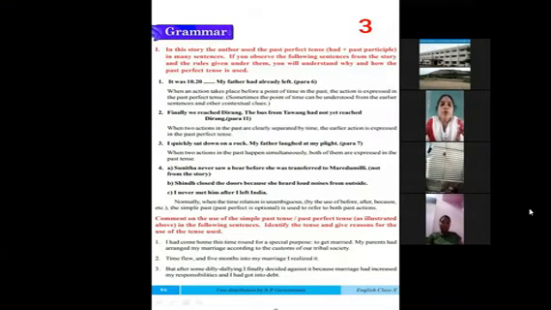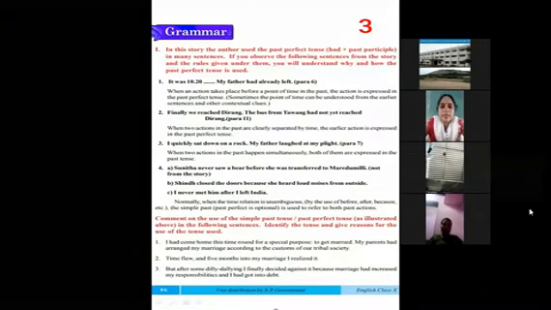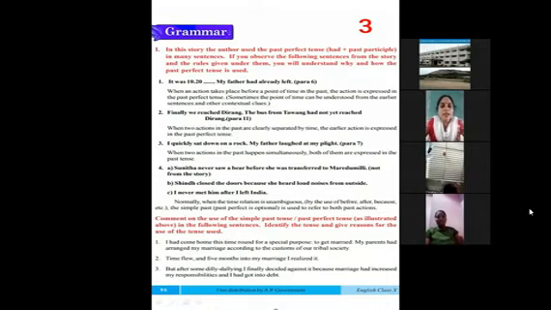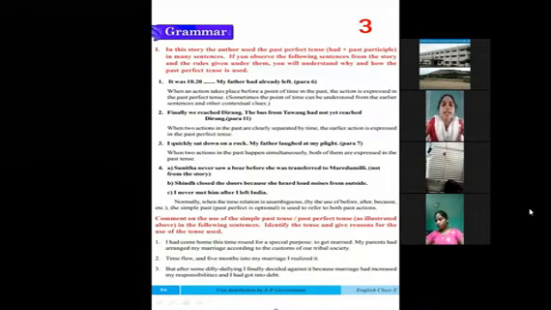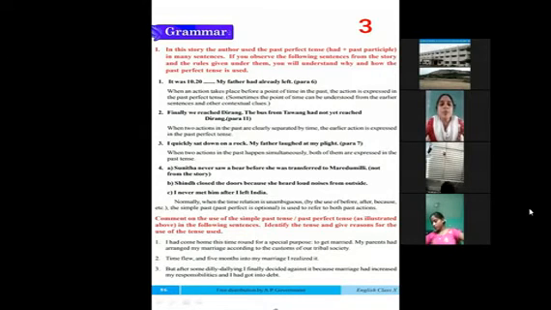But if two actions are completed simultaneously, that is, they happen immediately one after another, we can use simple past for both actions. No need to show the difference. If you are speaking about two actions which completed in the past but simultaneously, at that time we can use simple past tense only.